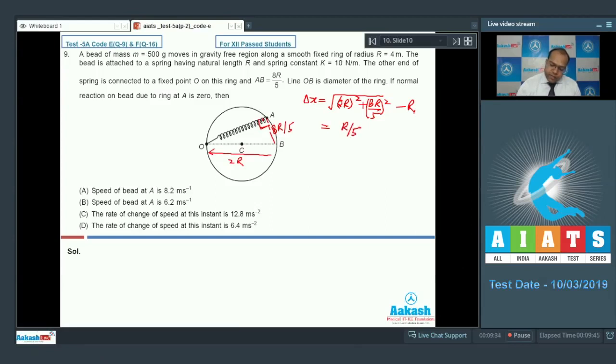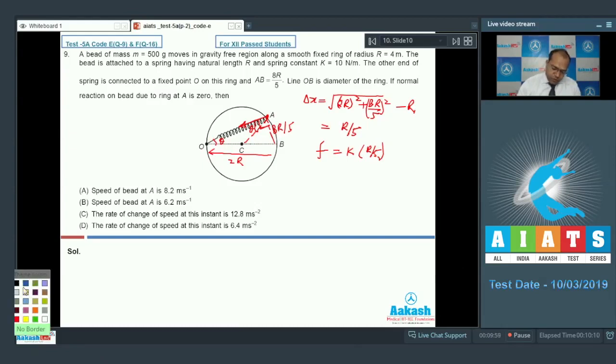It means that the spring force which is acting on this bead is k into r by 5, and suppose if I take this as my angle theta, then this angle is also theta, as this triangle OAC is an isosceles triangle.